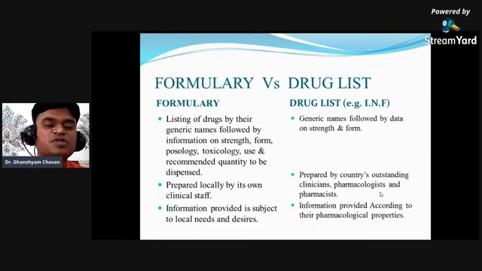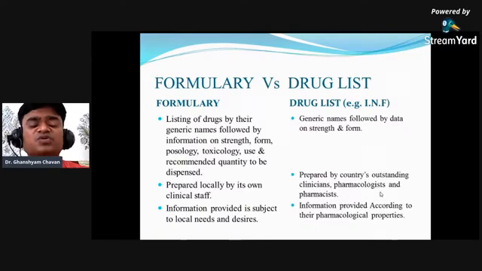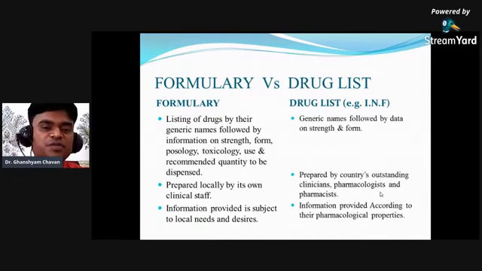The next point is that the information provided is subject to local needs and desires. So in that localized area, whatever diseases are present, or the sensitivity of those people to particular drugs, according to that, the drugs which are required for their treatment, or which suit the people of that nearby locality, the formulary is prepared.